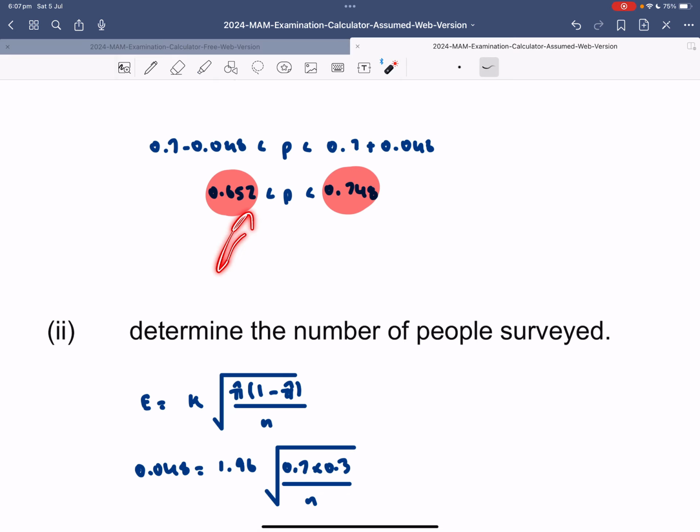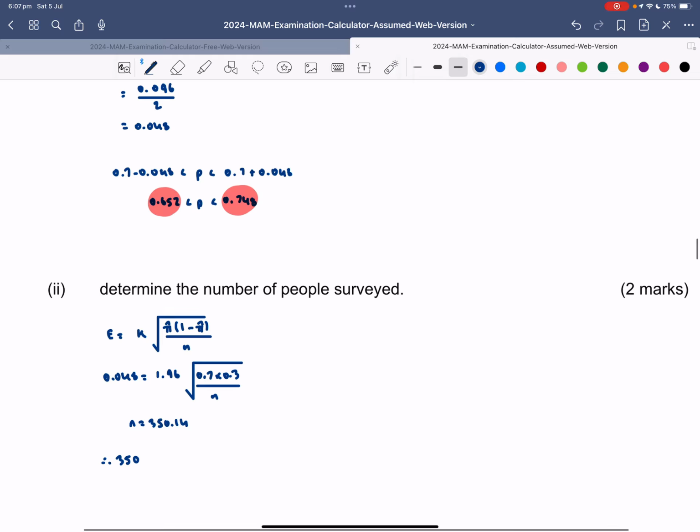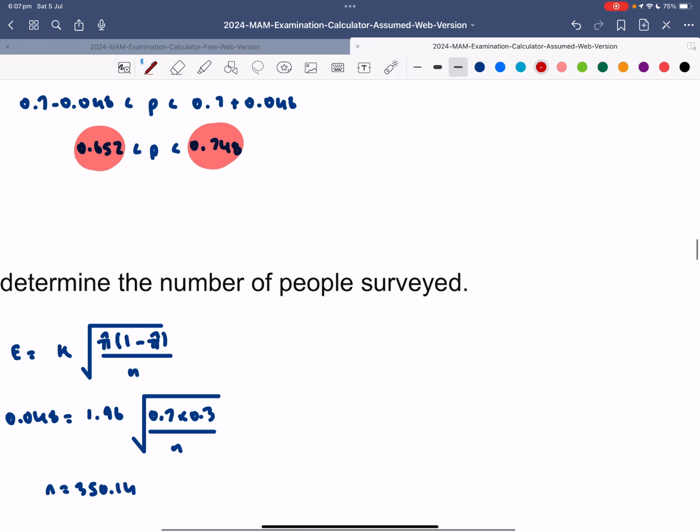So the lower boundary is 0.652. We could have written that 0.652 is the sample proportion, now I know it's 0.7, but I'm going to pretend I don't know it, take away 1.96 square root of pi cap, which I'm pretending I don't know, 1 take pi cap all over n.